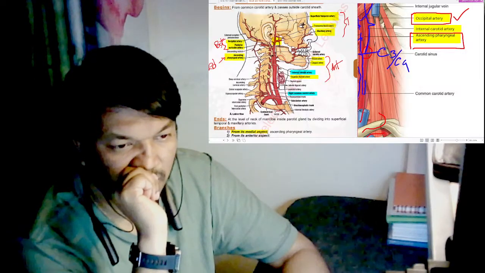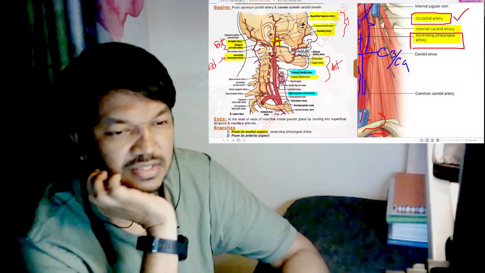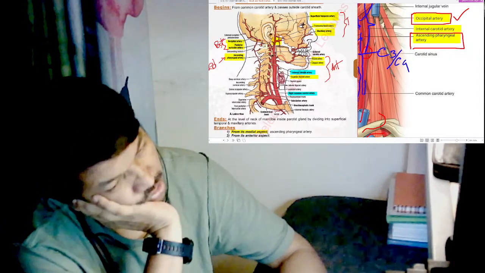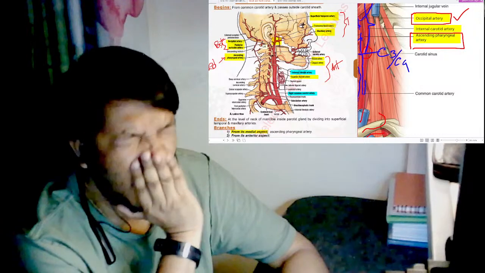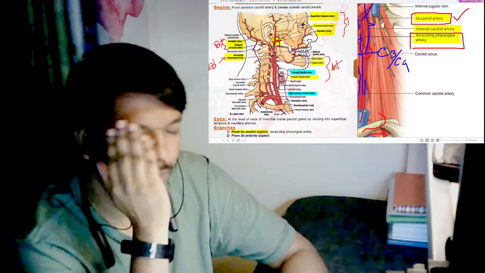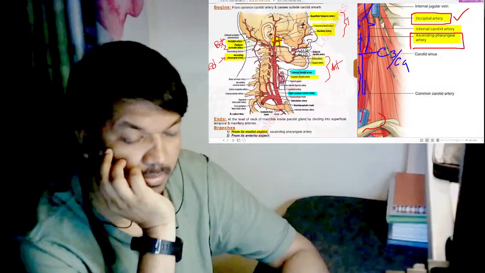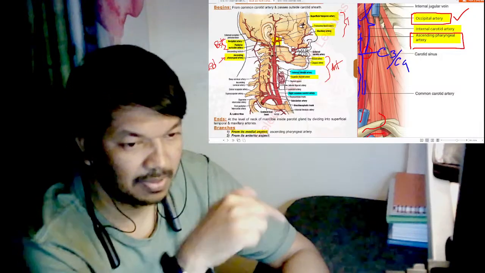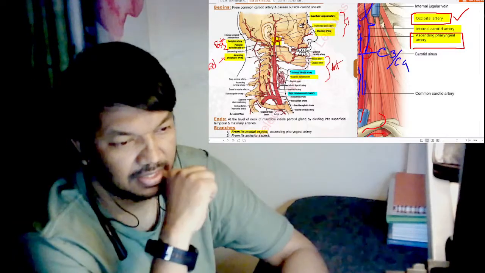And one branch going posterior behind the ear. This is posterior auricular and occipital artery, and one branch going to the deep. This is ascending pharyngeal artery.